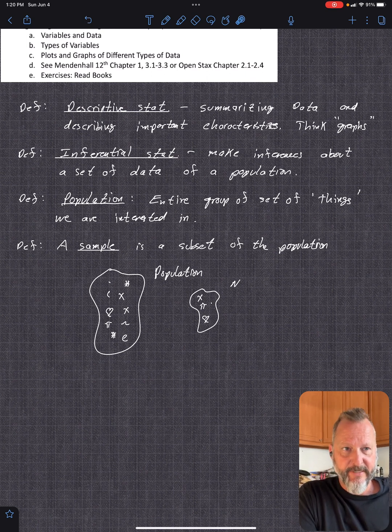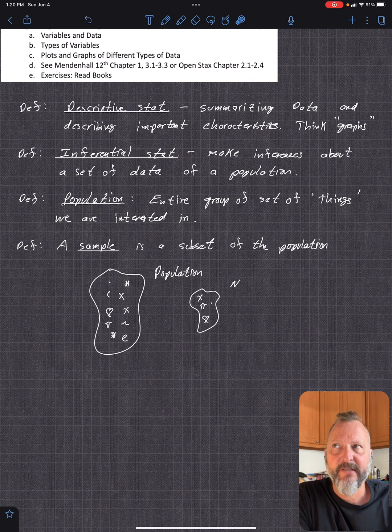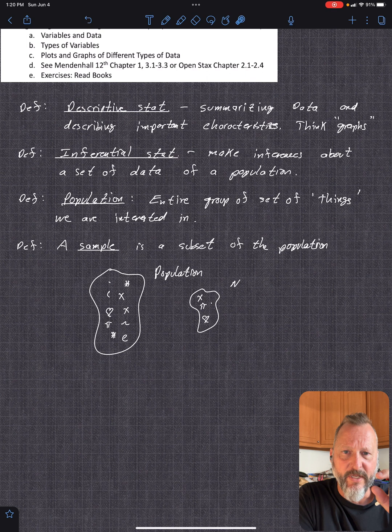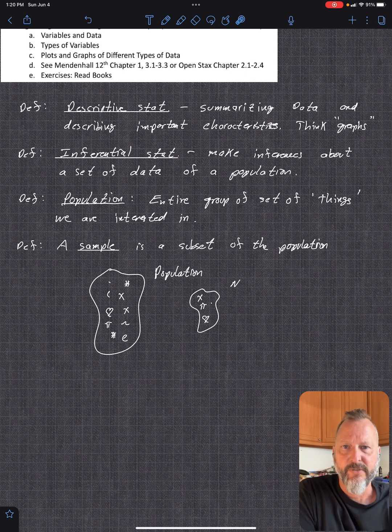concrete, like the dimension and size of all the bolts coming off an assembly line. Well, you can't sample hundreds of thousands of bolts and test every single one to make sure it's the right diameter or whatever they're testing. So that is a statistics that engineers would research.